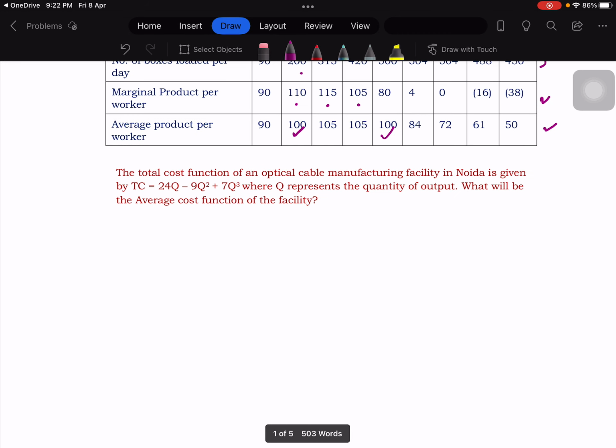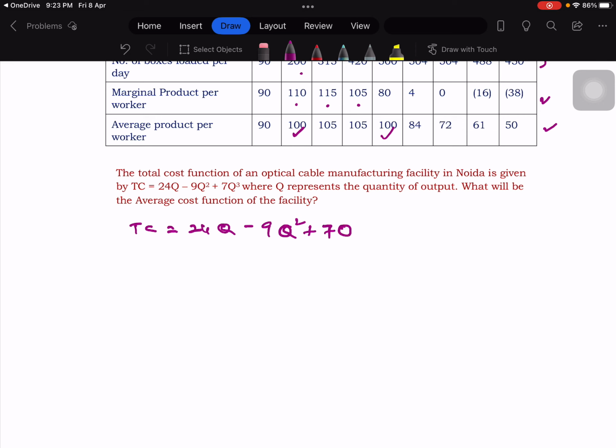Now let's look at another problem. The total cost function of an optical cable manufacturing facility in Noida is given by TC is equal to 24Q minus 9Q square plus 7Q cube. What will be the average cost function?